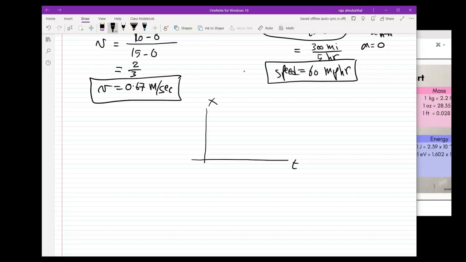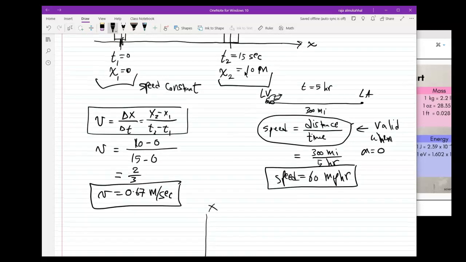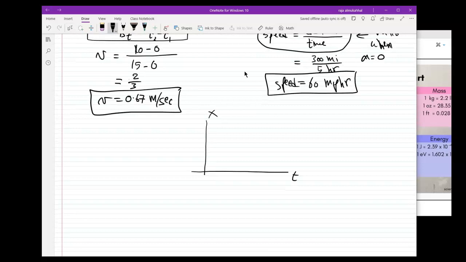So remember, I have the time right there, t1 and t2. I put those on the horizontal axis and x1 and x2 on the vertical axis, and remember in physics we always put the time on the horizontal axis, okay?